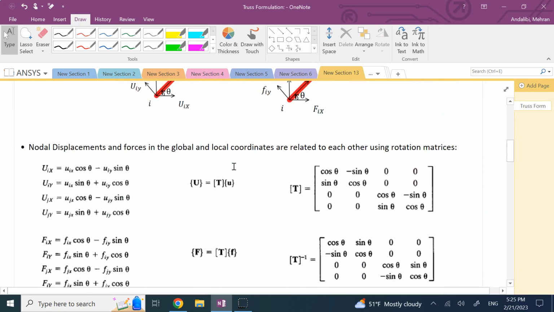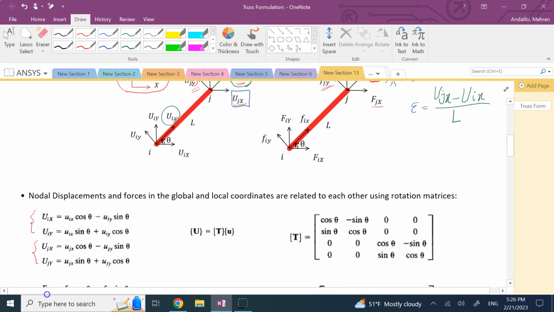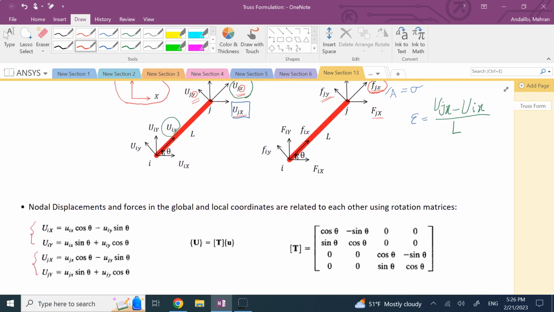So how do we do it? Well, in this case, the nodal displacement along the global axes and the local axes are related by a cosine and a sine of the member theta, right? So you can clearly see, if you look, that u_ix here is what?